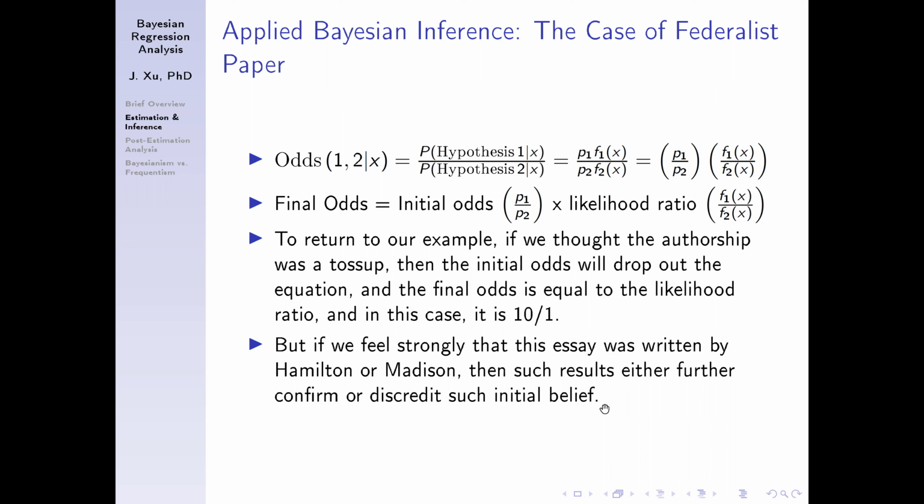Either way, such results either further confirm or discredit such initial belief. So here, it really depends on how we assign our prior beliefs to this initial odds. Our final conclusion can be different.